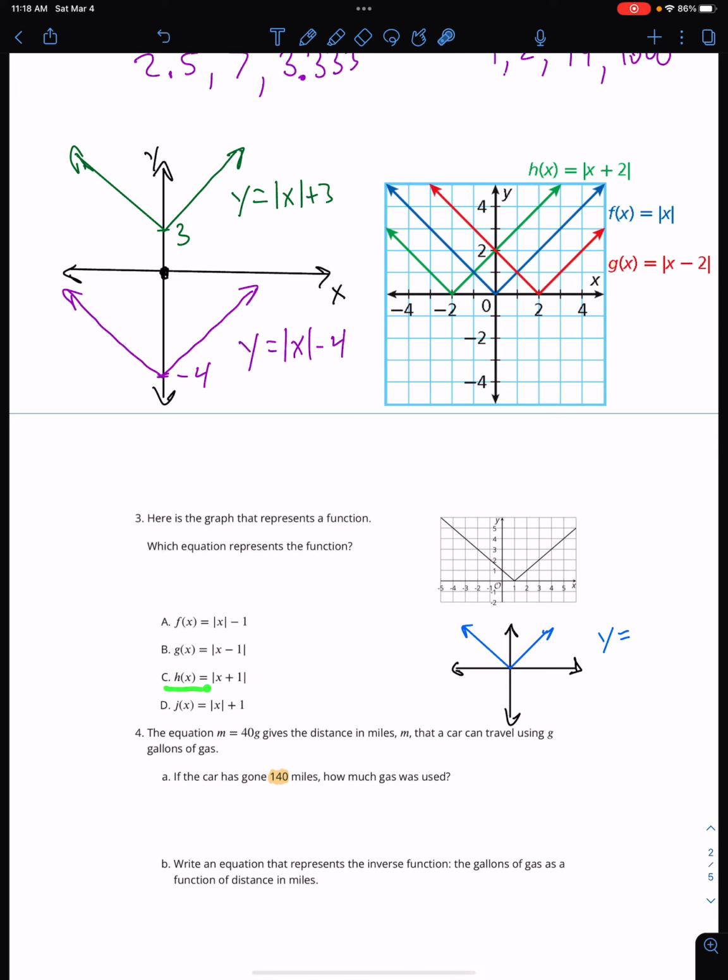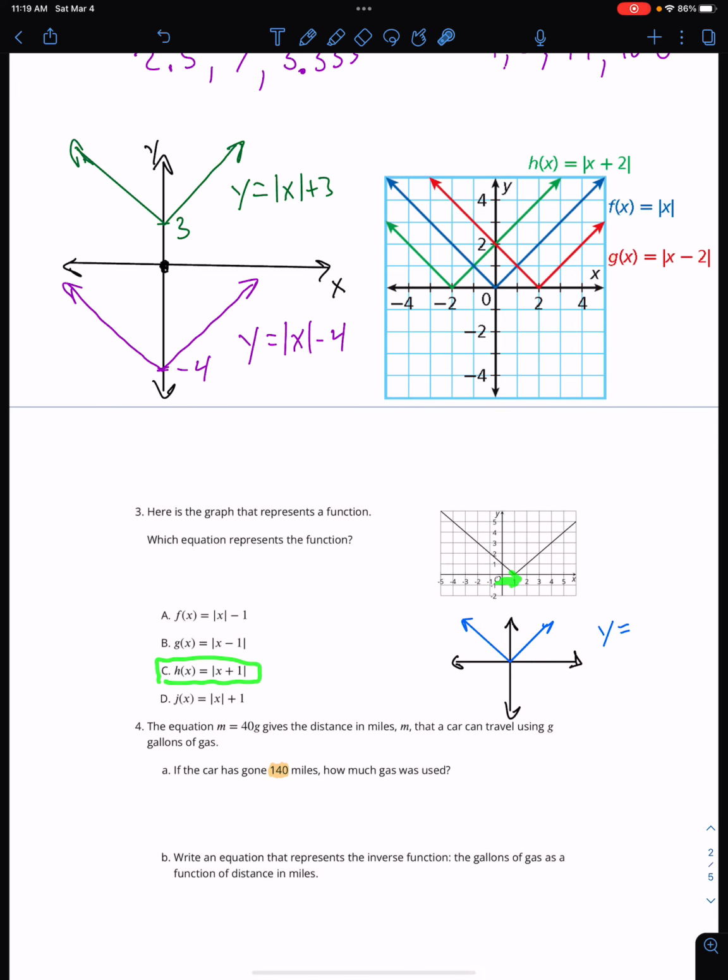And then how about h of x? It went to the right 1 unit, which you'd think, right? It seems like that makes sense to go to the right +1 if we add 1 on the inside of the house. But what's going on here, we need this +1 to cancel out this -1 right here. So if you plugged in +1 for x, you'd get 1 minus 1.